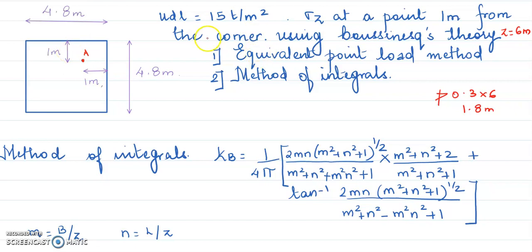So you can divide this into 9 parts. I'll quickly brush up with equivalent point load method, although I know we have already solved this, but an example like this hasn't been solved. So we'll have 9 parts.